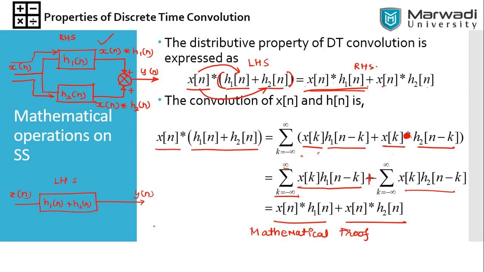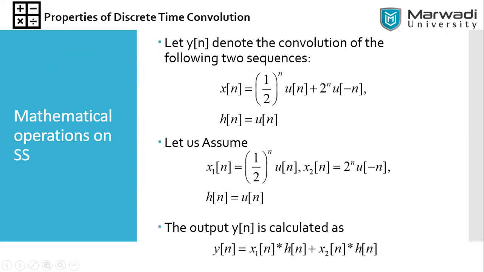Do you understand this proof? Okay. So for example, we have a system like this: 1 by 2 raised to n u of n, that is x of n, and 2 raised to n u of minus n.